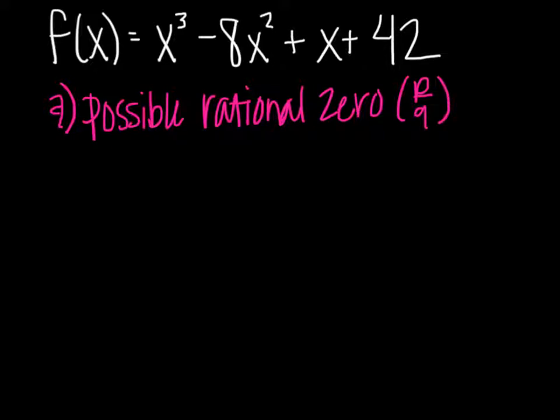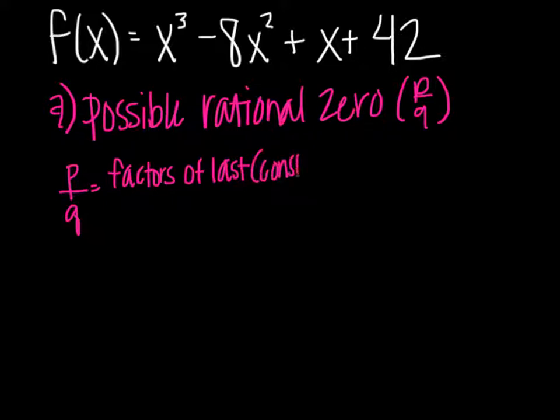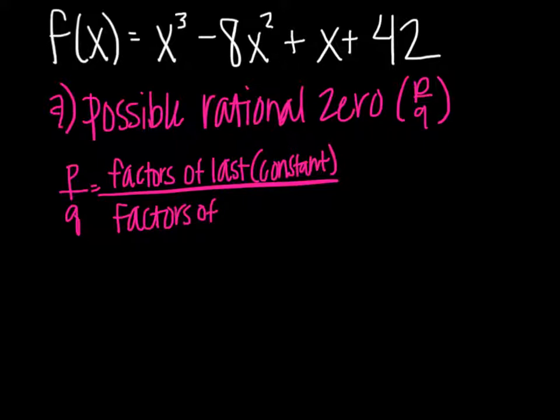So if you don't remember, the PQ formula is P over Q, where P is factors of the last number, which is the constant term, over factors of the first number, or the leading coefficient.